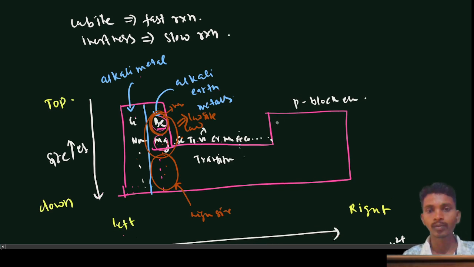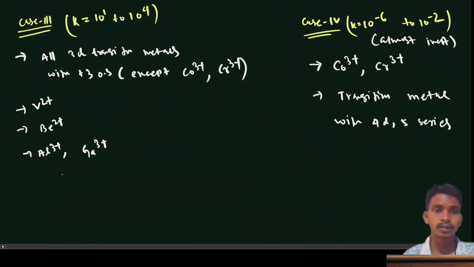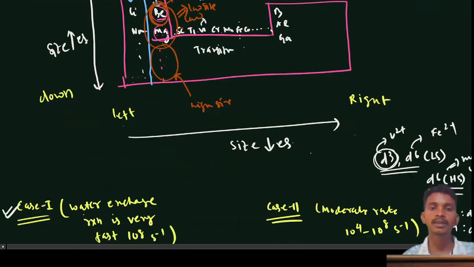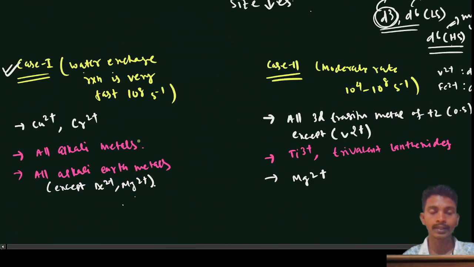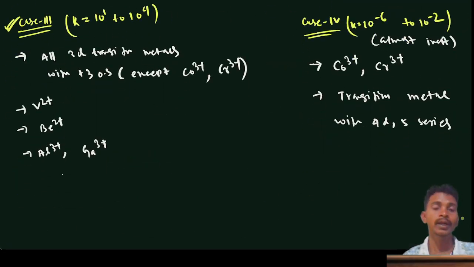Because boron, aluminium, gallium, this block will fall here. The charge is high and the size is also small, so these will fall in the third category. Experimentally they found that this group of elements has a rate of nearly 10 to the power 8 per second, and falls in this category. Okay, so this is how we classify it.